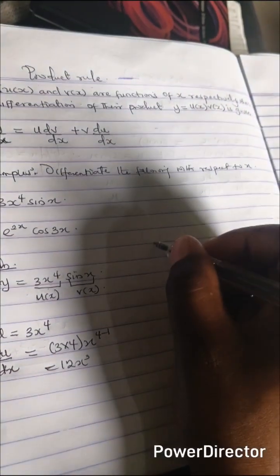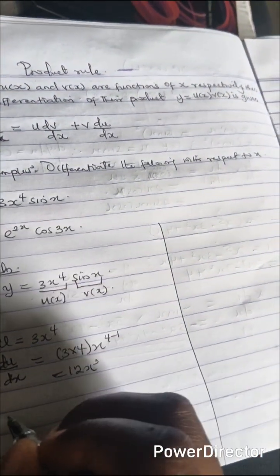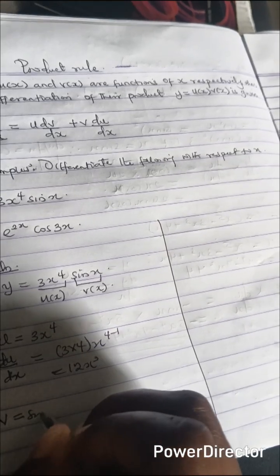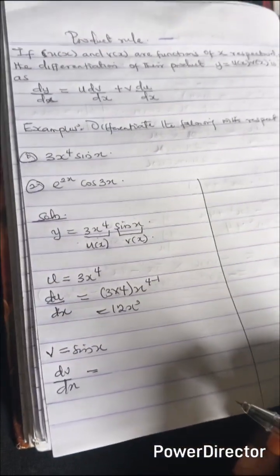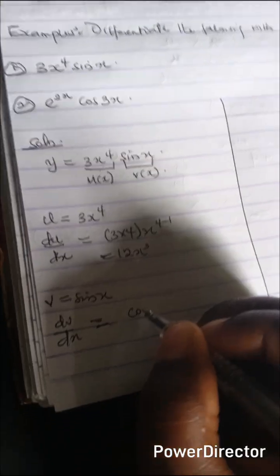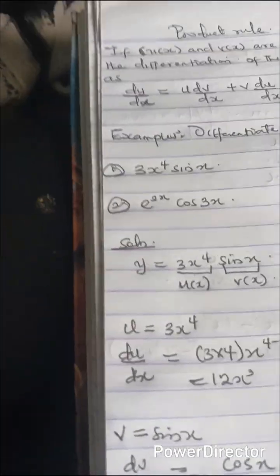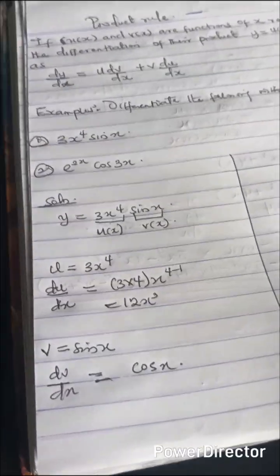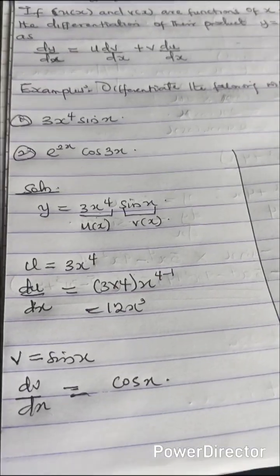Then you have your v to be sine x, and the derivative of sine x is cos x.